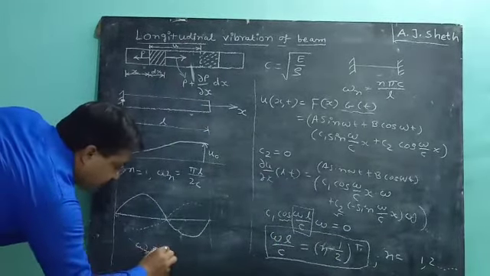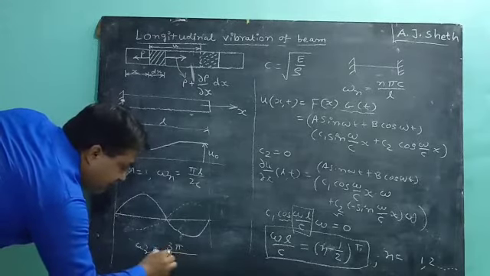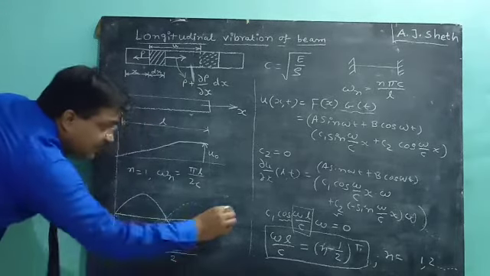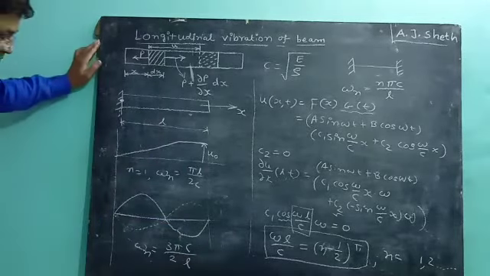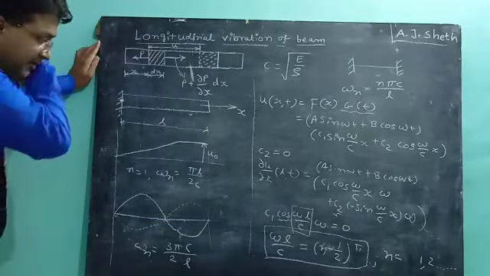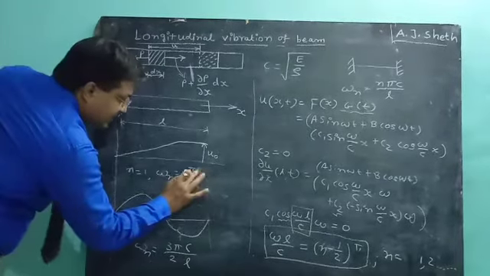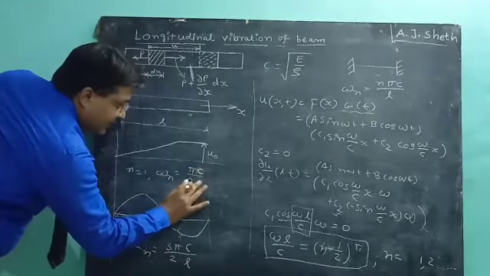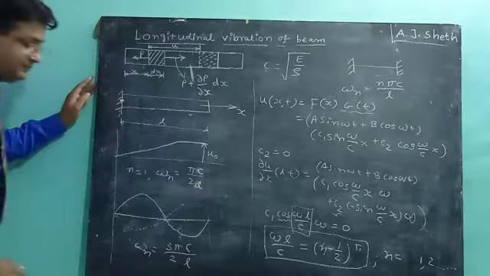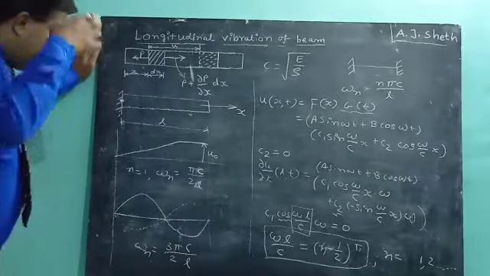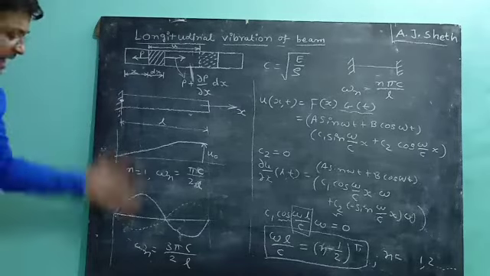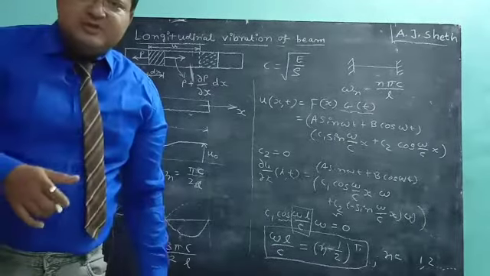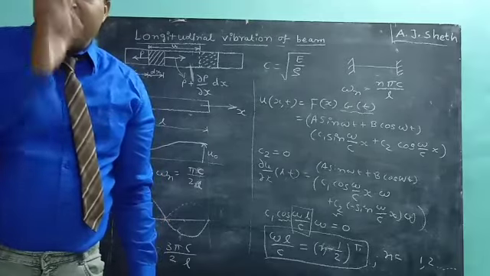Omega n is equal to 3 pi by 2 times c by L. So likewise we are able to find out n number of mode shapes and natural frequencies.